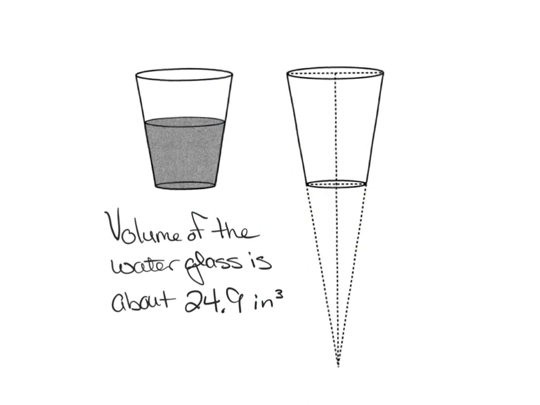Here we can see our water glass has a volume of approximately 24.93 cubic inches, which means it could hold up to 24.93 cubic inches of water.